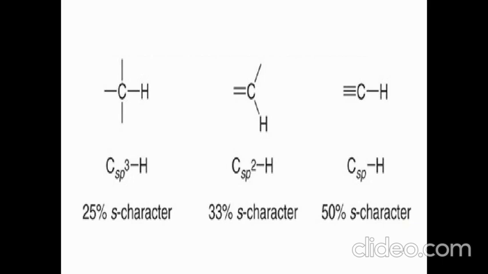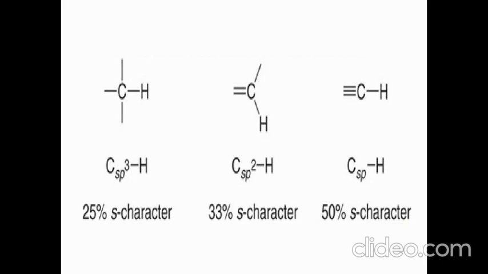So therefore we can correlate: the higher the percentage of S character, the higher the force constant, and the higher the frequency or wave number of that particular stretching vibration of the different CHs which are connected to the differently hybridized carbons.